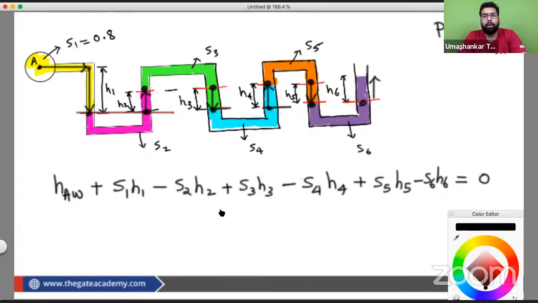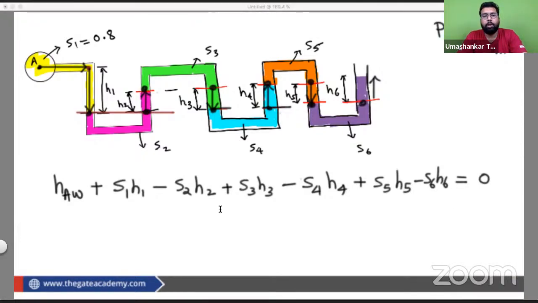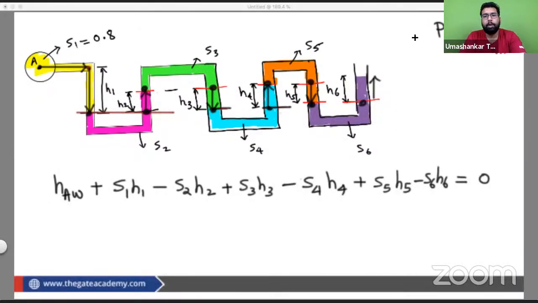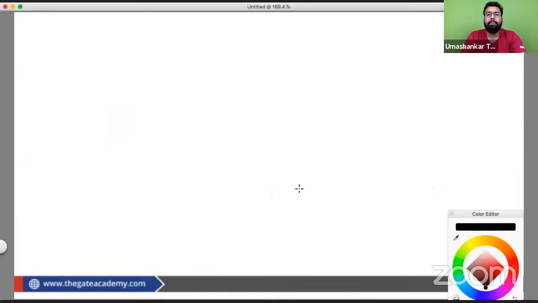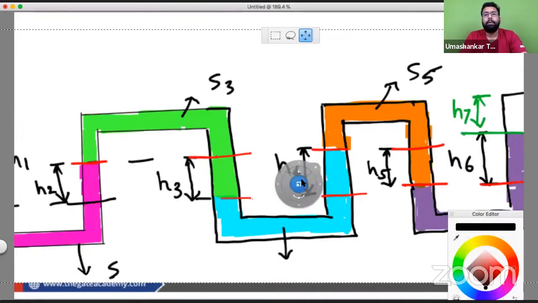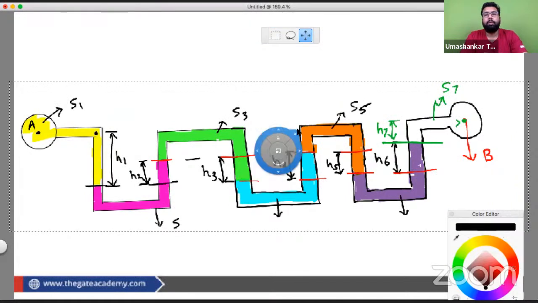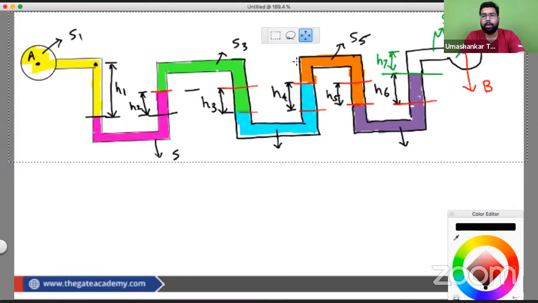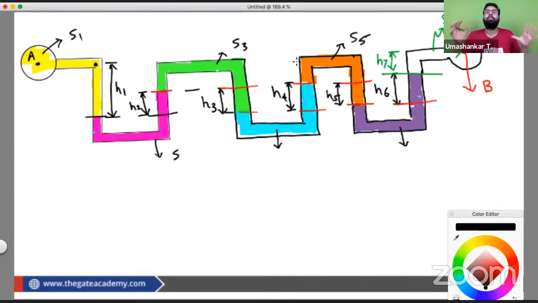Wonderful. Now I want you to write it once more for this question. This whole pressure measurement, I have summed it here. So this is what we call a differential manometer. In a differential manometer, we have pipes on both ends.